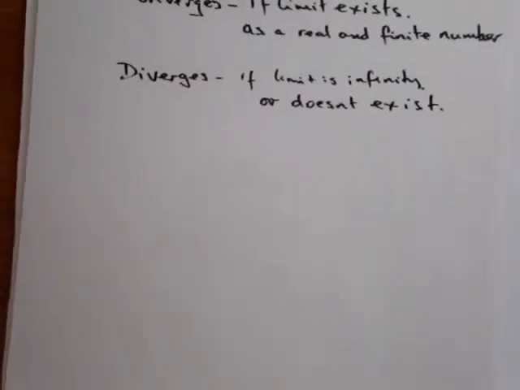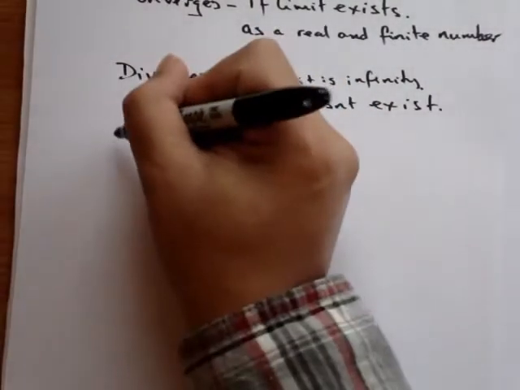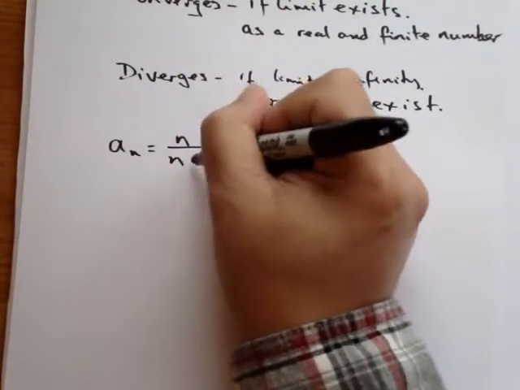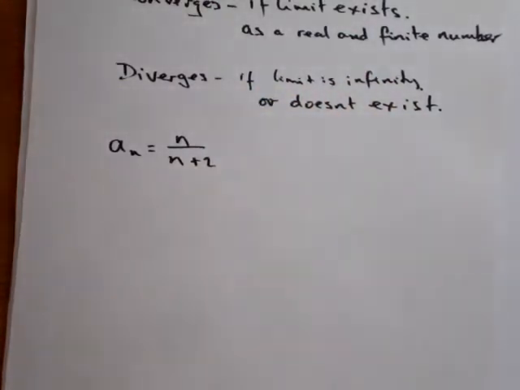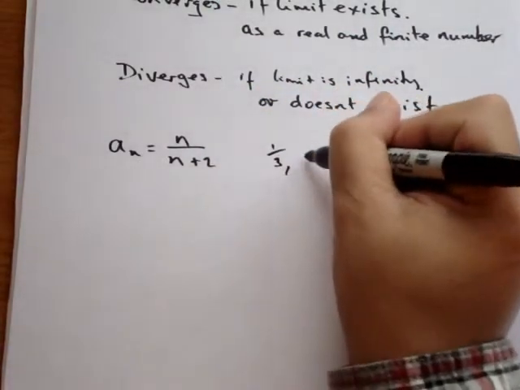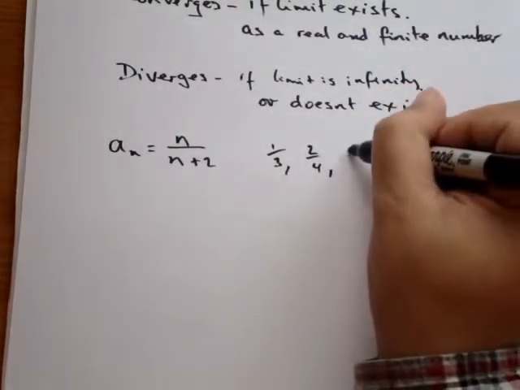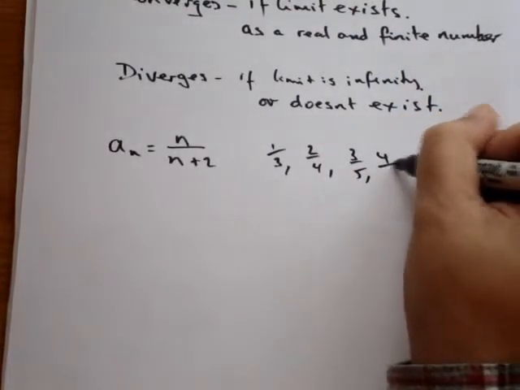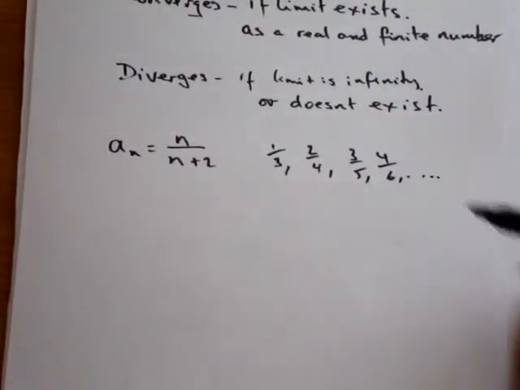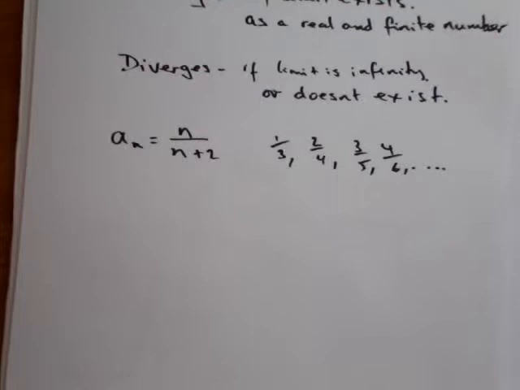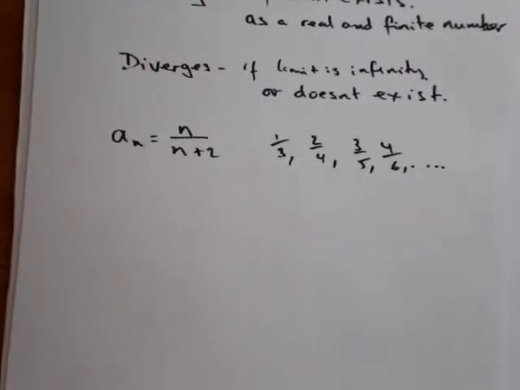So what do we mean by that? So if we had a sequence a sub n equals n over n plus 2, if we write out the sequence, that's 1/3 when n is 1, 2 over 4 when n is 2, and similarly 3 over 5, 4 over 6, and so on. So how do we know this diverges or converges? We calculate the limit as n gets infinitely large.